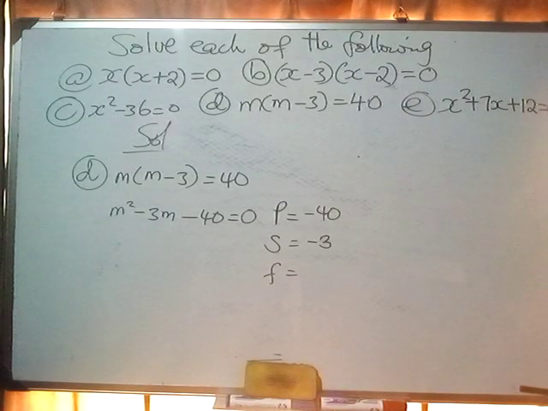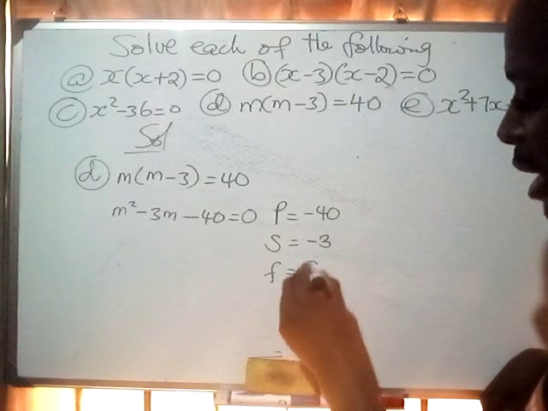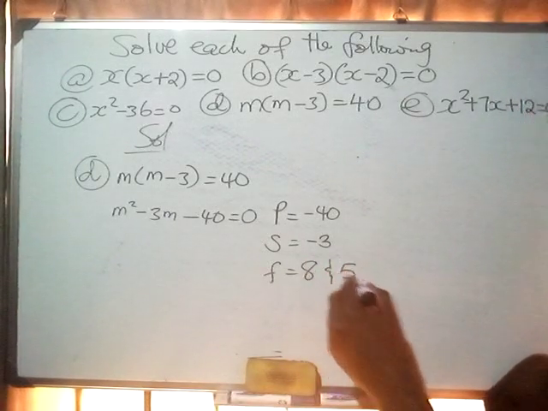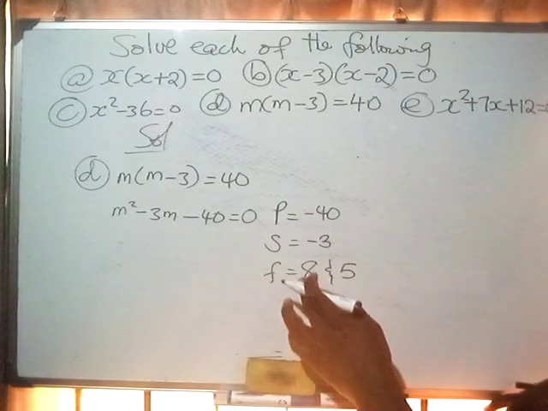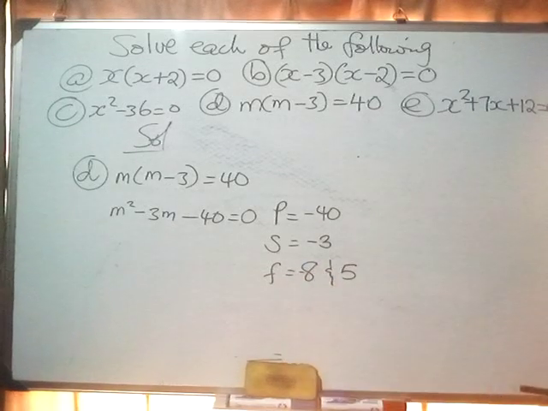Two numbers which, when you multiply them, you get negative 40, but when you add them, you get negative 3. So these numbers are 8 and 5, because 5 times 8 is 40. Now which one will be negative? The one which will be negative is 8, because negative 8 plus 5 gives us negative 3.